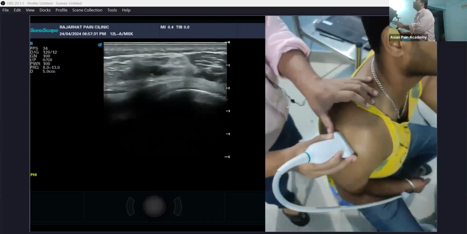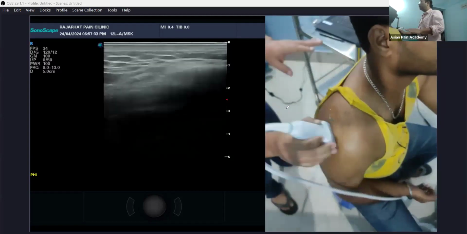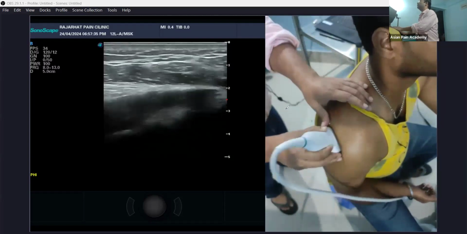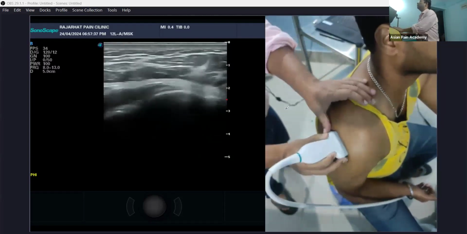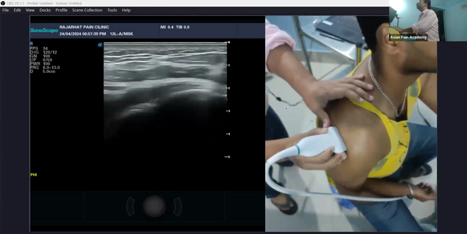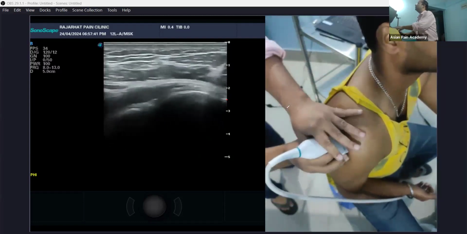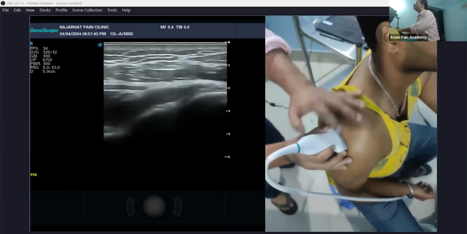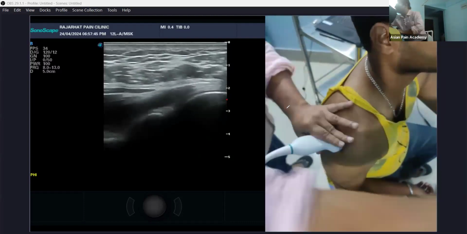Okay, infraspinatus I have already shown. Now, what is below the infraspinatus muscle or tendon? This is the glenohumeral joint area. Let's see below the contour.